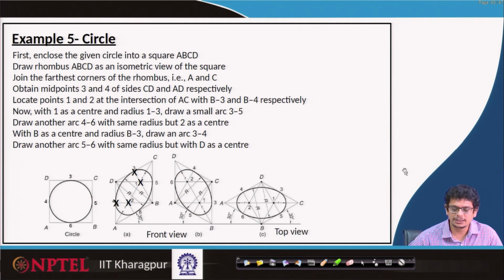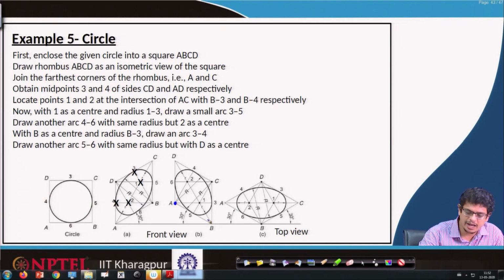For the top view, the same procedure. The AB line makes 30 degrees, the BC line makes 30 degrees, construct the parallelogram.